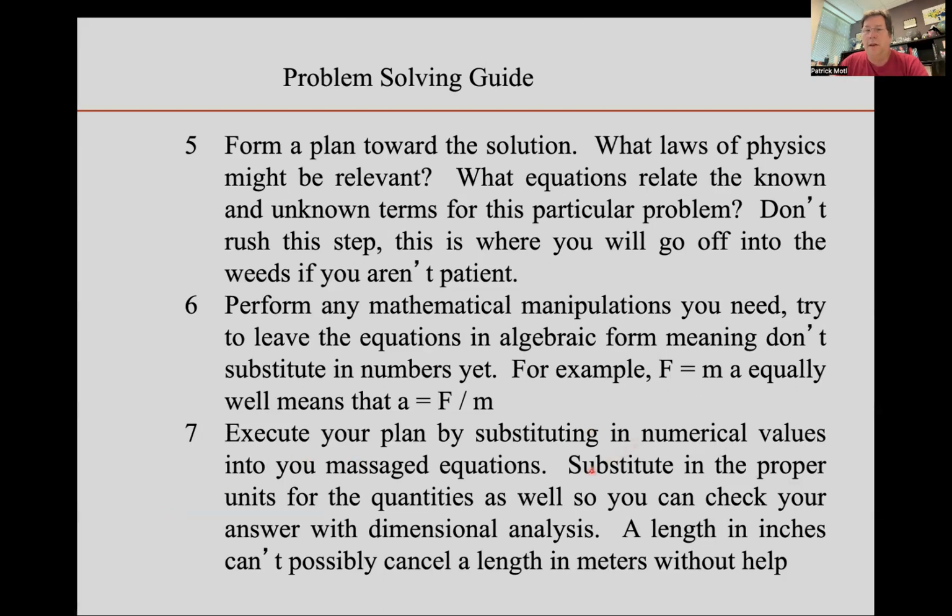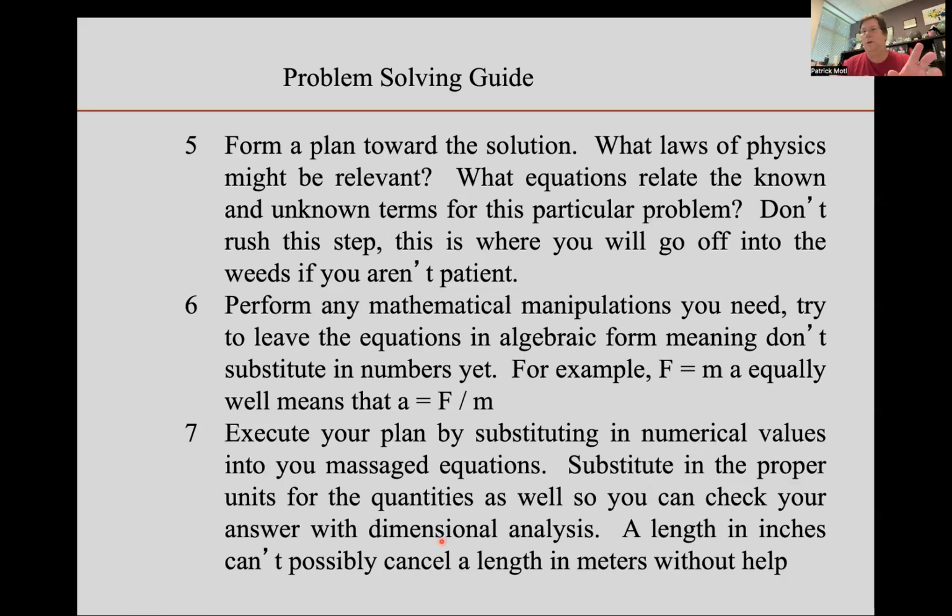Once you put in numerical values, you should also substitute in the unit that each of those values is measured in. So mass is in kilograms, time is in seconds, or you could have a compound unit that is some combination of MKS values. This is important because your answer has to have the right units.